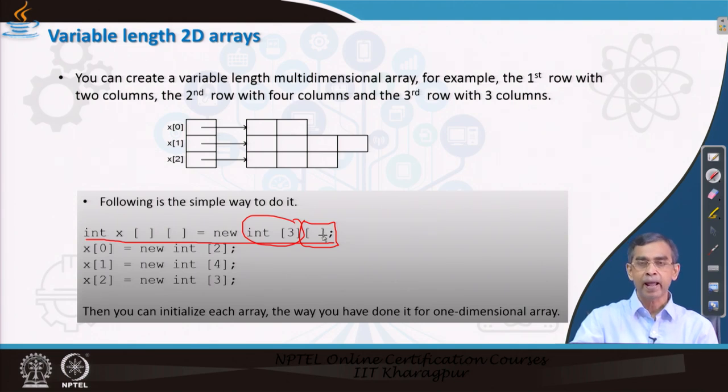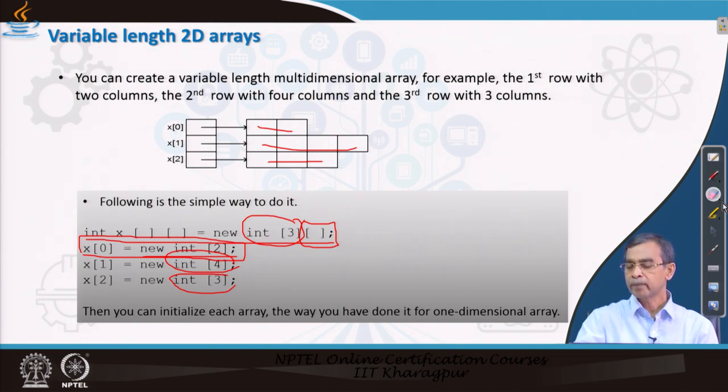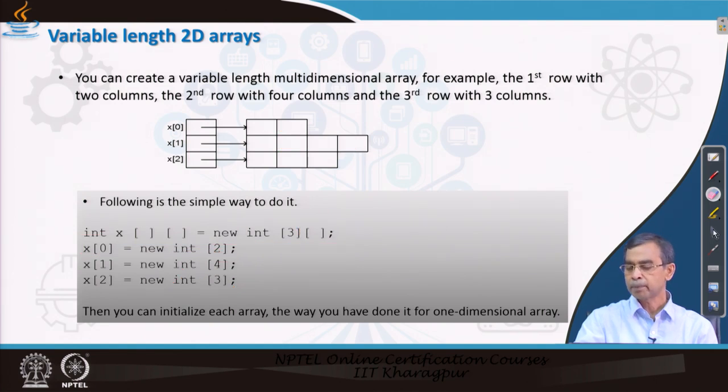But if we keep it blank, later on we can fix it like x[0] = new int[2], which indicates that in the first row we want to store 2 integer elements. Similarly, in the second row we want to store 4 elements, and in the third row we want to store 3 elements. This way the variable number of elements in each row can be stored, and this is one way of storing a variable-length array in a Java program.